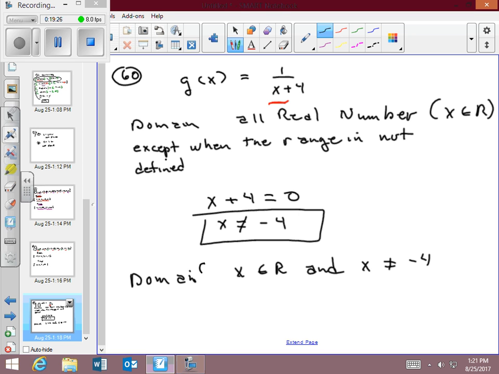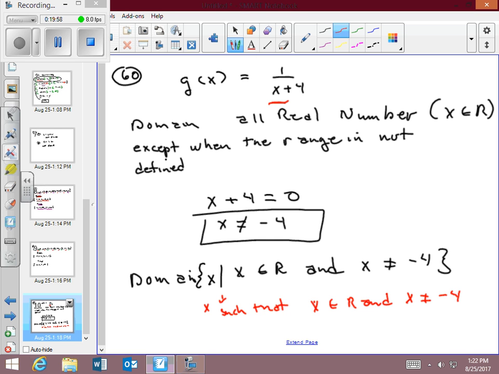There's something called set builder notation, that if you write x such that, defines a set. This is read x such that x is an element of the reals and x is not equal to minus 4.